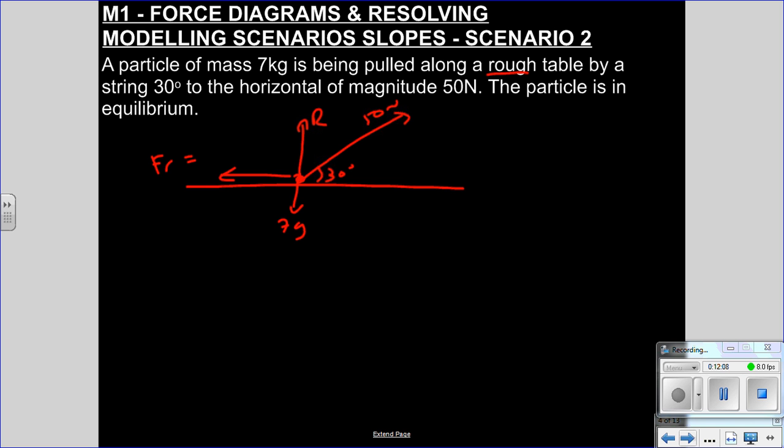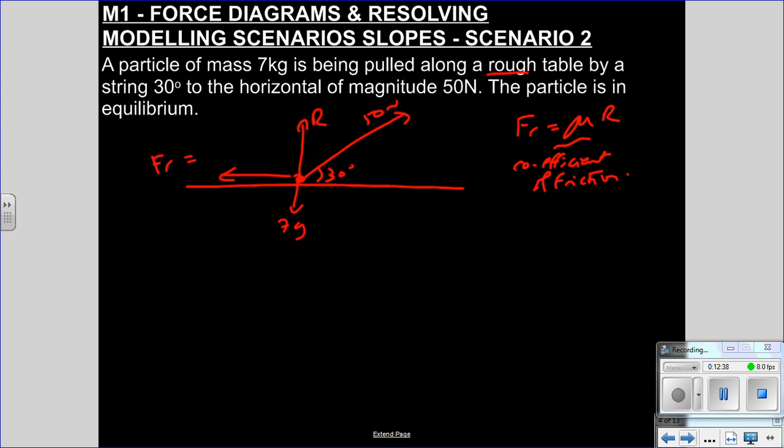Now friction, the formula for friction is mu R, where mu is the coefficient of friction and R is our normal reaction, which we've already labeled. Coefficient of friction basically describes a ratio or a scoring of the interaction between two surfaces.